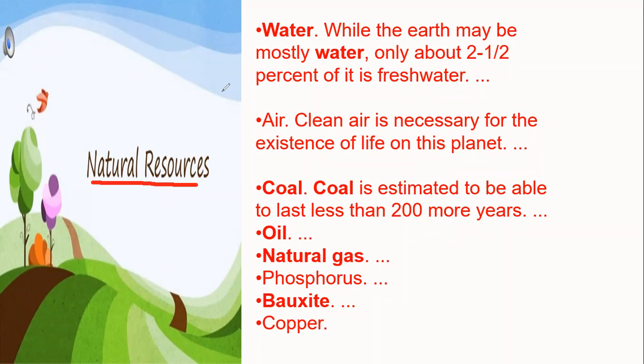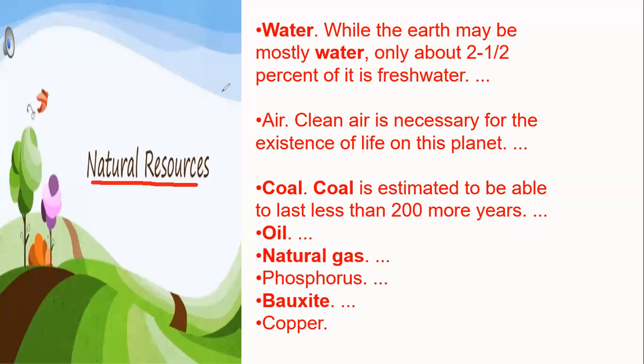Then the third one is coal. Coal is also called a natural resource. Coal is estimated to last less than 200 more years. We are not getting more because it takes millions of years to form. So what is going on nowadays?